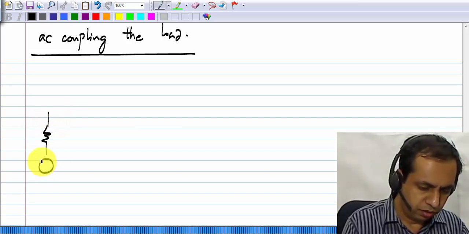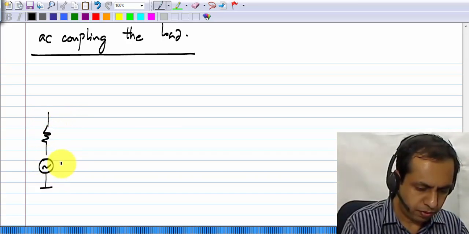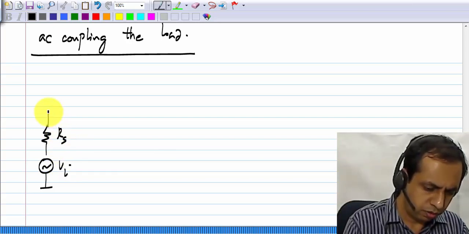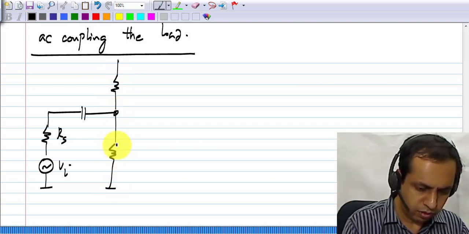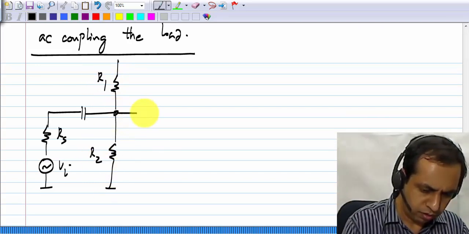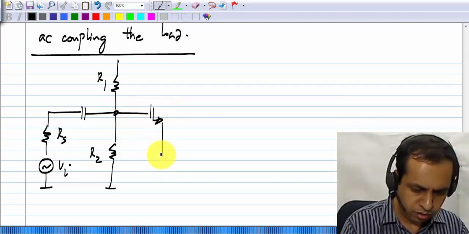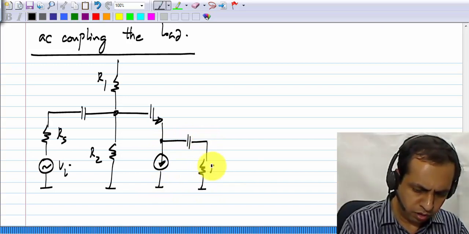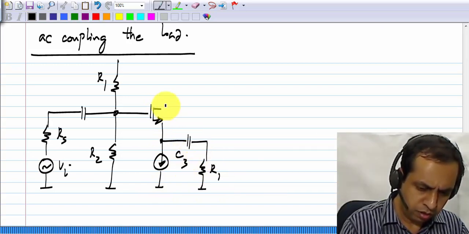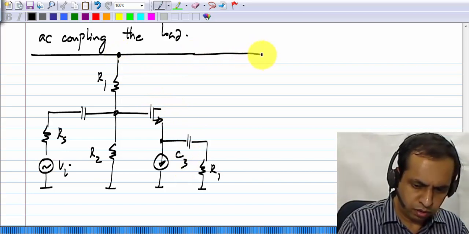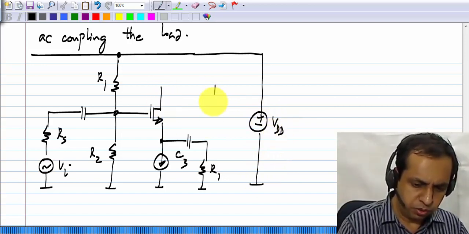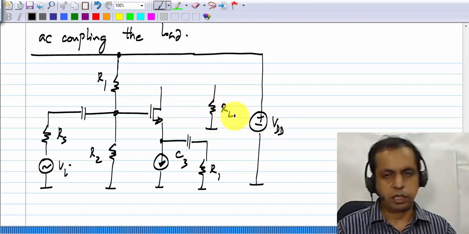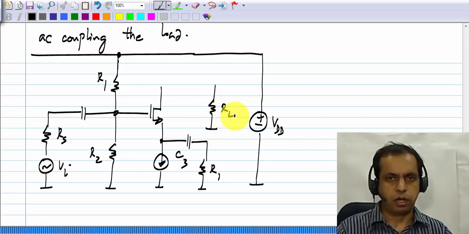Let me redraw the picture I had. And let me show a load which can be connected only to ground.